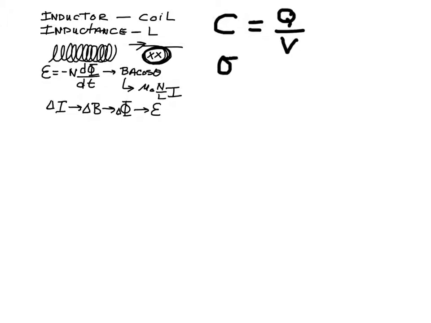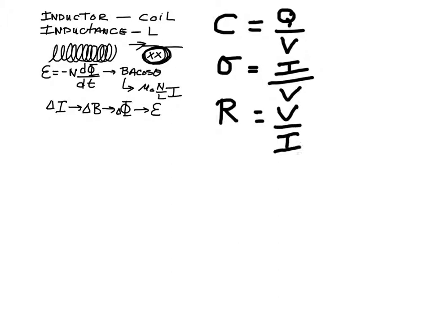And conductance in a circuit would be the ratio of current to voltage. Did I say inductance? I meant conductance. But resistance, remember, is the inverse of this. Resistance is the ratio of voltage to current. And resistance means the resistance to flow of charge, and we define it this way.